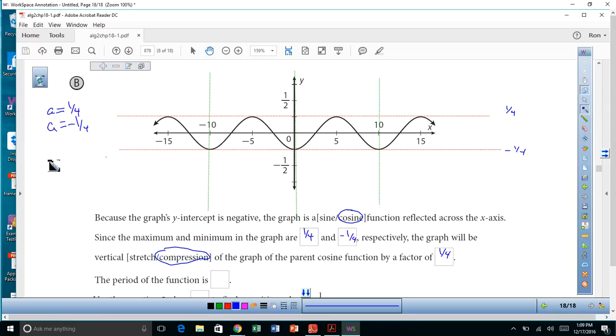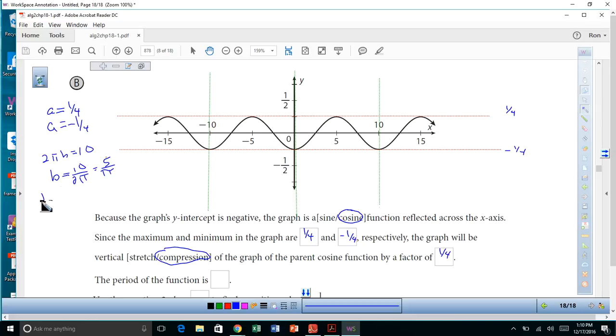We're going to have, let's see, 2 pi B equals 10, right? Okay, so let's divide both sides by 2 pi, and you get B equals 10 over 2 pi, okay, which is 5 over pi, right?